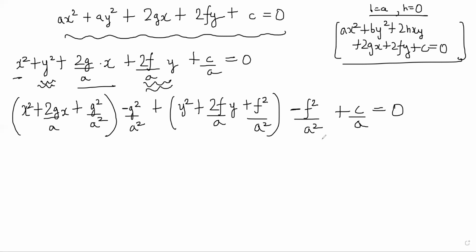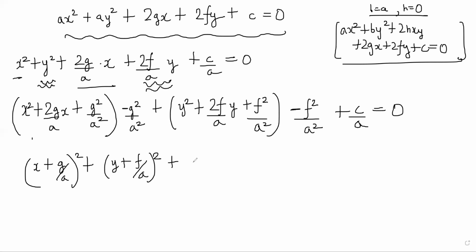This is the same equation. And now I can write this as (x plus g by a) whole square plus (y plus f by a) whole square plus c by a minus g square by a square minus f square by a square is equal to 0, right?